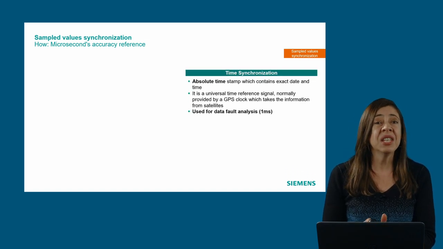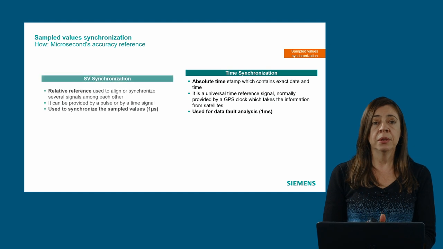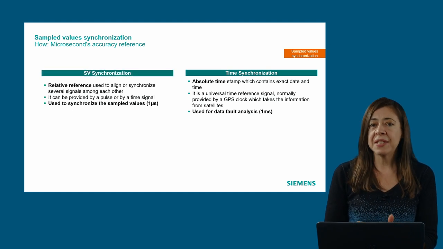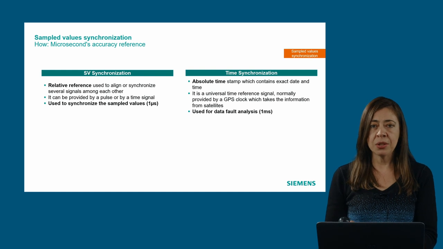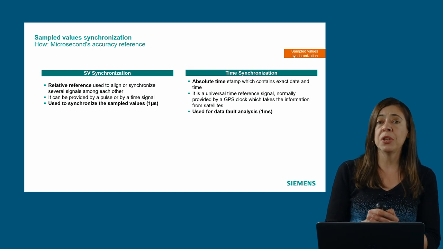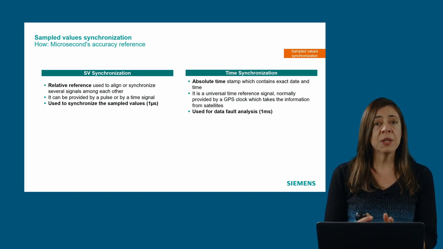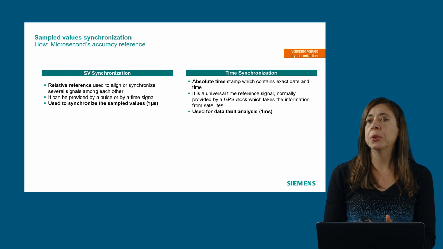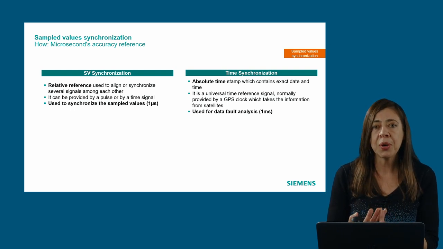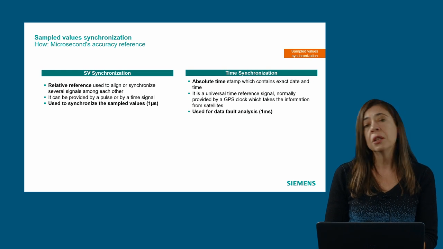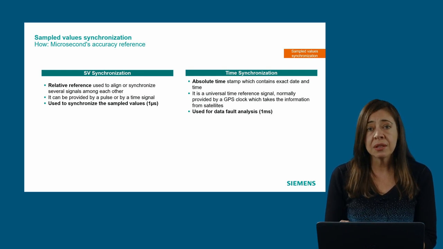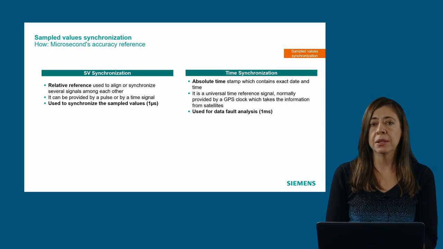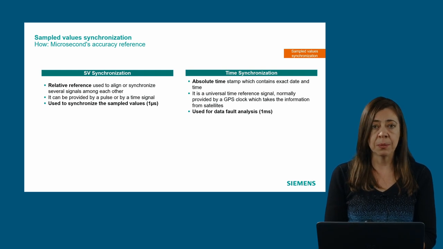How can we achieve this? So let's first understand why there is a difference between the time synchronization and the sampled values synchronization. The time synchronization is what we have done in the past in our station, so we give an absolute reference to the devices, so we are able to compare the failures and events and analyze the failures in the system.